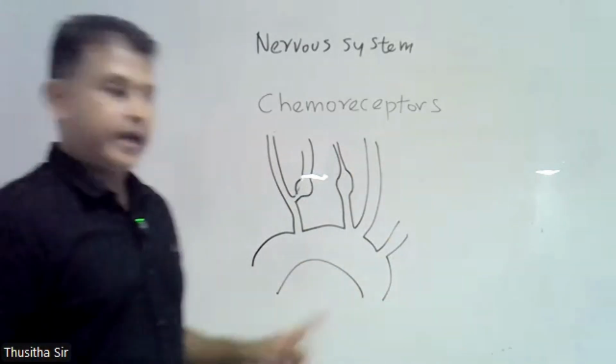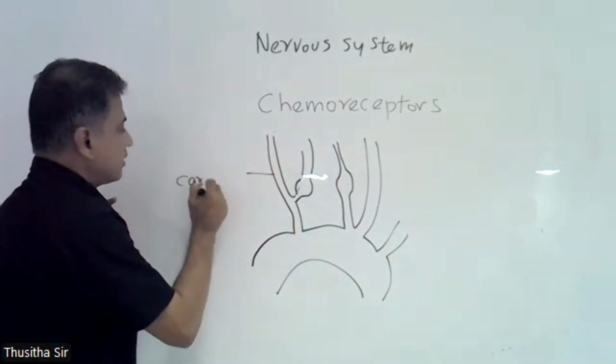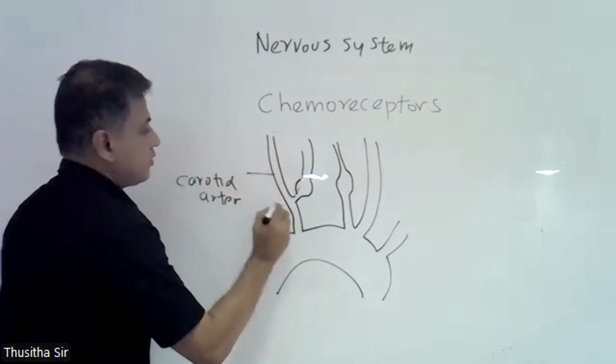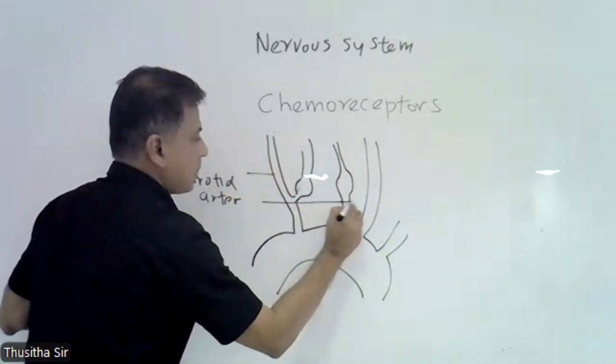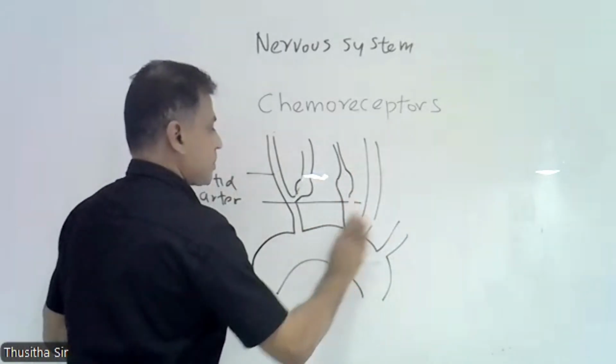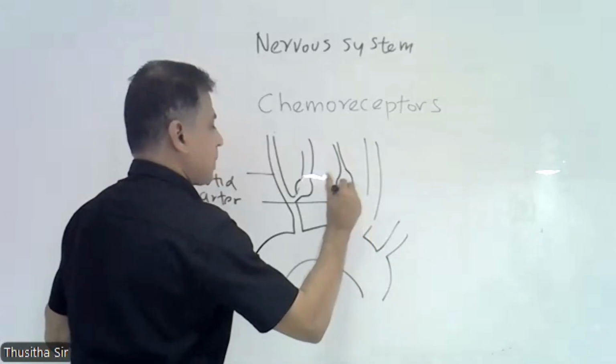So this is the aorta and this is the carotid artery, this one and this one. Actually this is going as one.